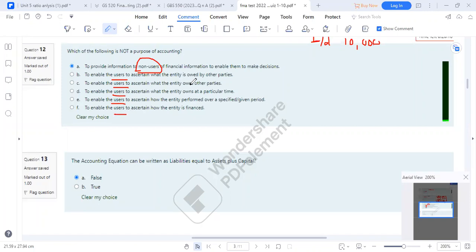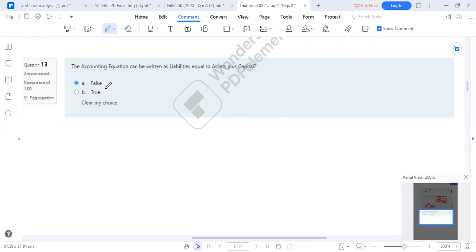There are 6 purposes: to show what the entity owns, these are assets; to show what the entity owes, these are creditors; to show what the entity owns at a particular time, this is a financial statement; to show how the entity performed over a specified period of time; and to see how the entity is financed. So these are the purposes of financial accounting.